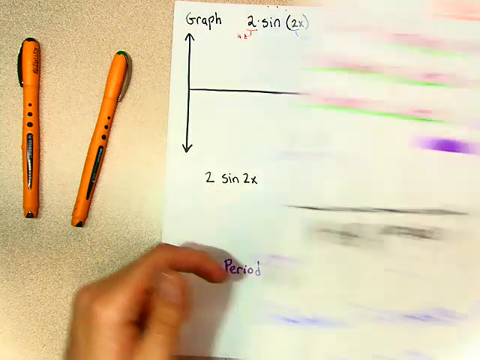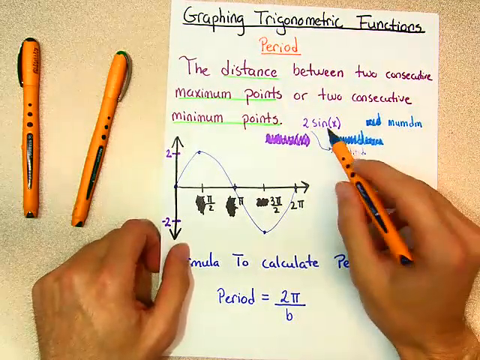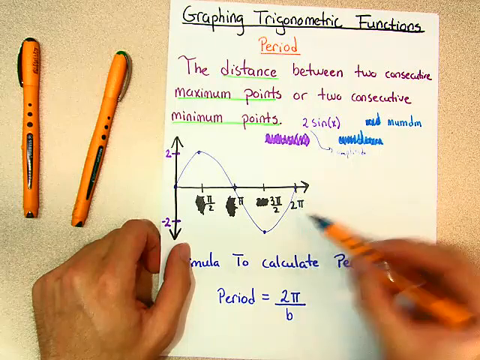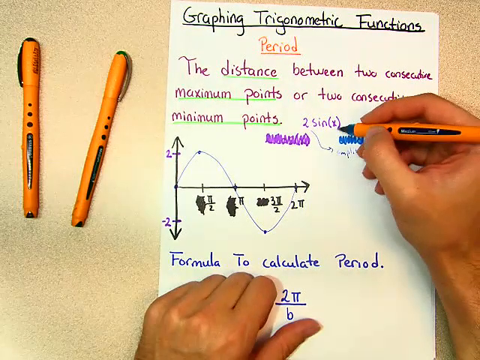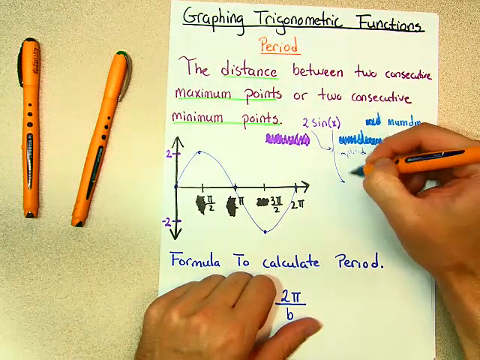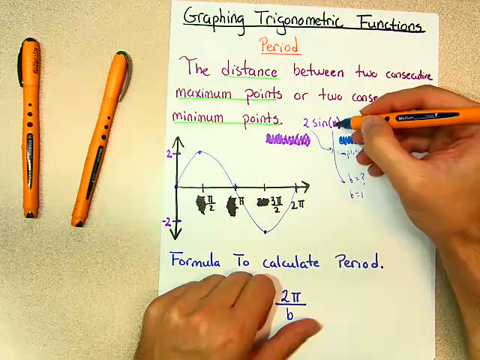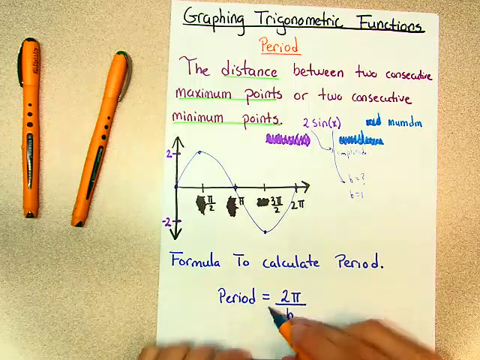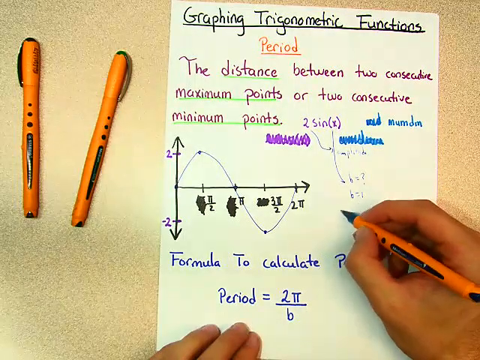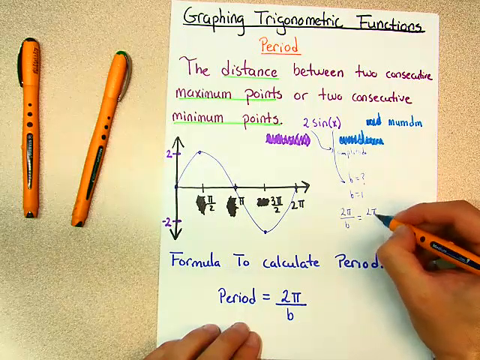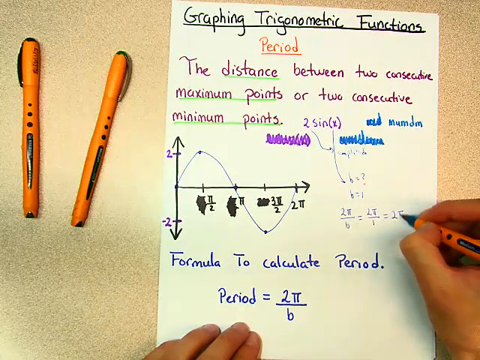If you notice here, every cycle of just 2 sine x ends at 2 pi. Let's say if we were to use the formula over here, what is our b value here? Our b value is equal to 1 in this scenario. So just by the formula, period is equal to 2 pi over b, so 2 pi over 1, which equals 2 pi.